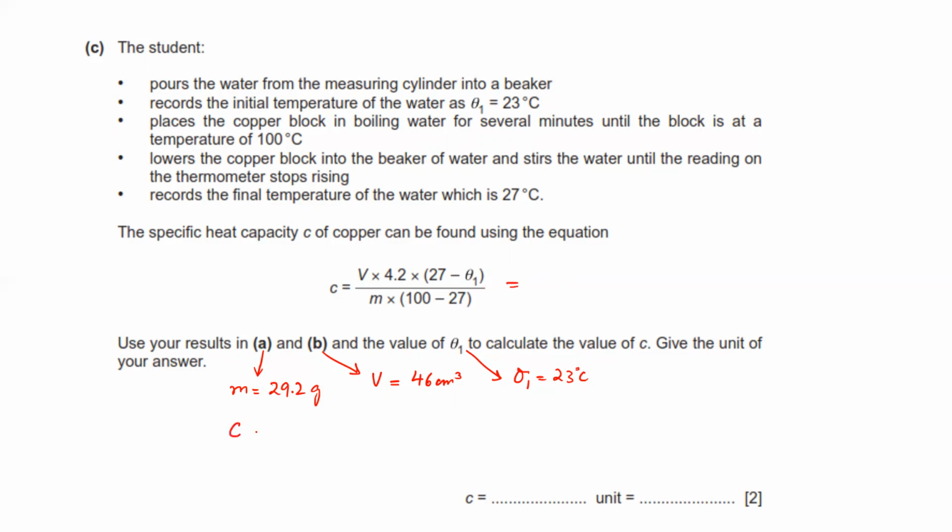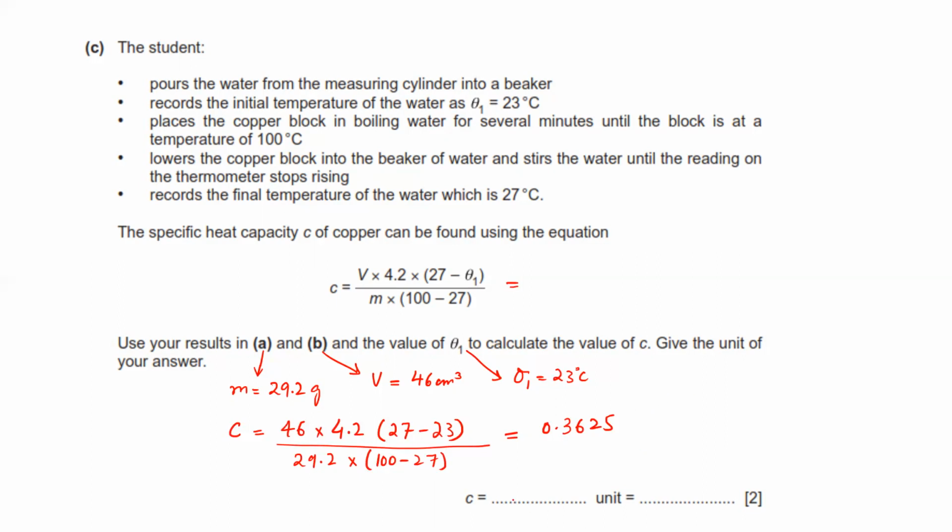C equals 46 multiplied by 4.2 multiplied by 27 minus 23, divided by 29.2 multiplied by 100 minus 27. My result comes out to be 0.3625. And this is my result.